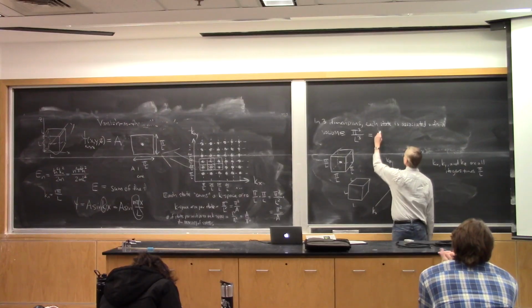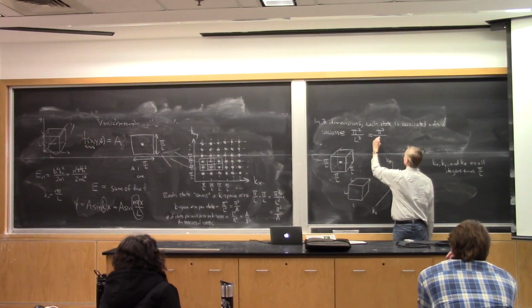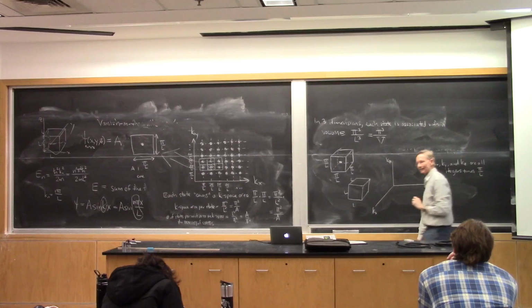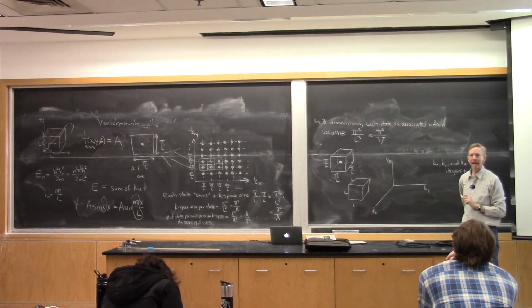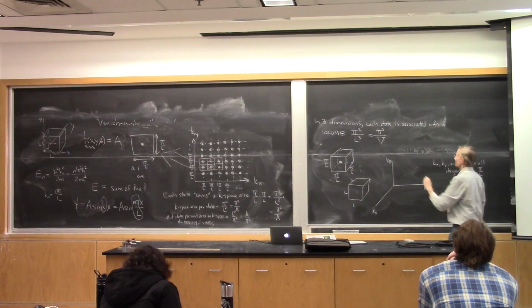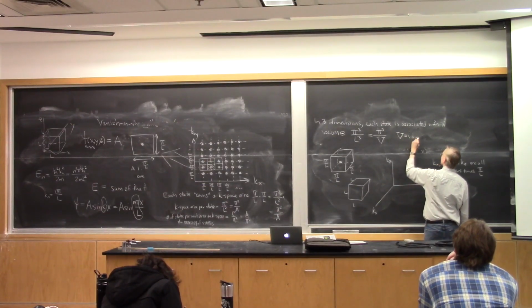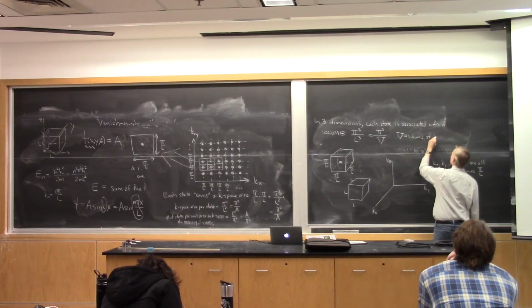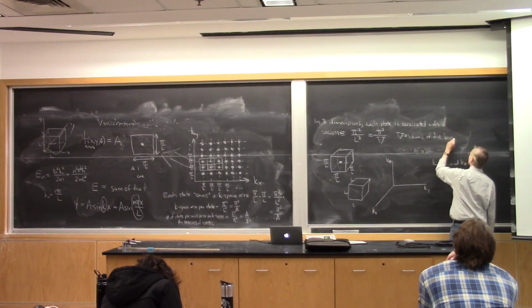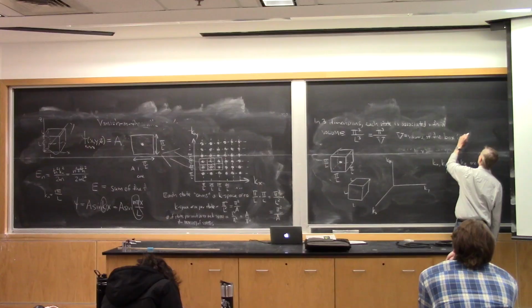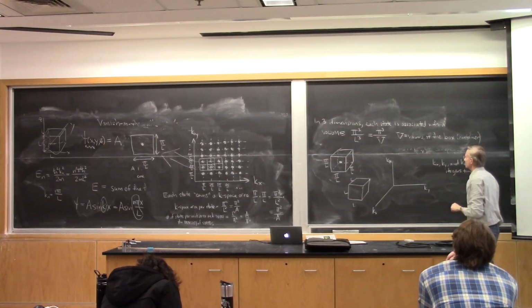So we can say this is pi cubed over V, and I'm going to write it like that to be clear that that's a capital V right there, where V is the volume of the container, the volume of the box.